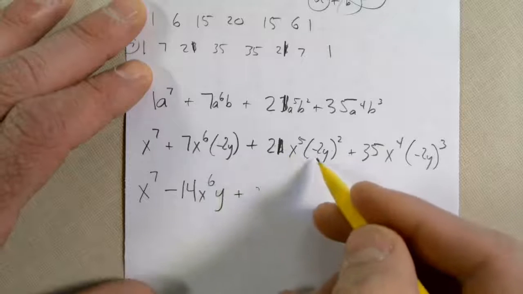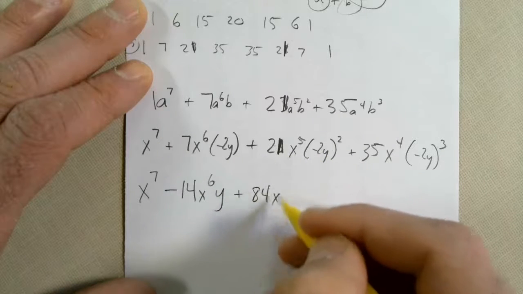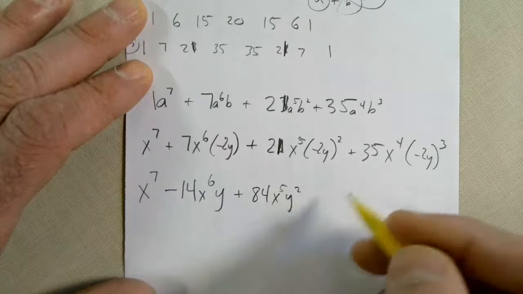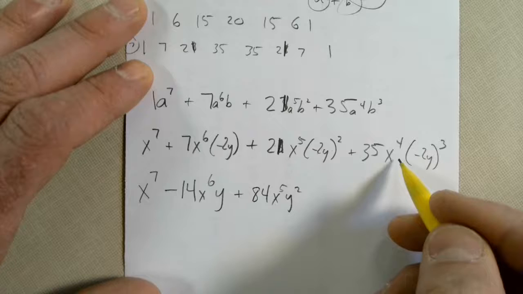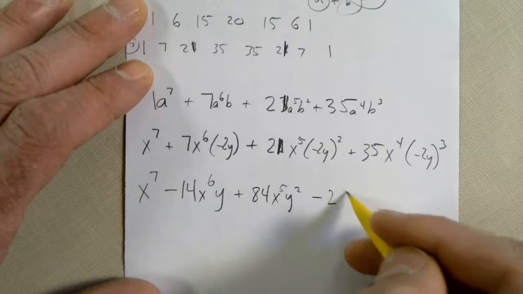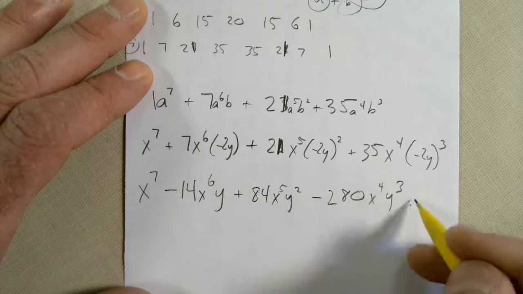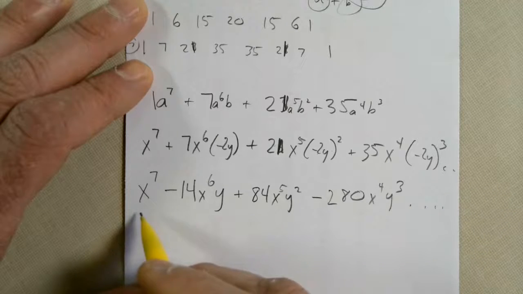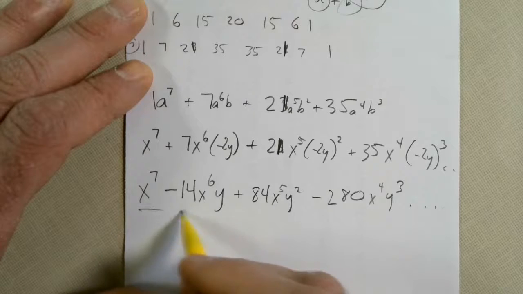Okay, so 4 times 21, that's an 84. x to the 5th y squared, and then 35 times 8 is 280. 280 x to the 4th y cubed. And then there's going to be more. This is only the first 4 terms, but there are the first 4 terms. We did it.